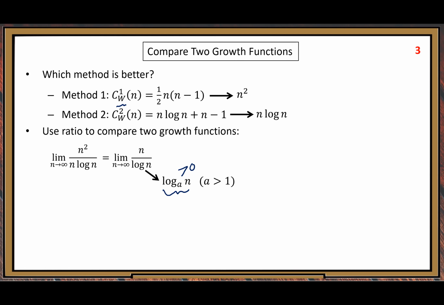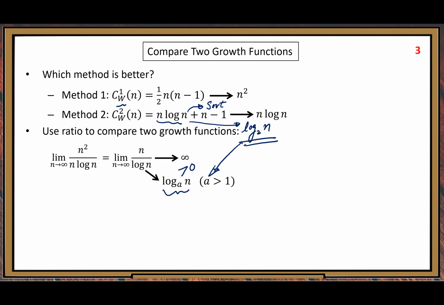Actually, this n log n comes from the sort algorithm, where the log we got is log base 2. That corresponds to a greater than 1, right? So our assumption is right.